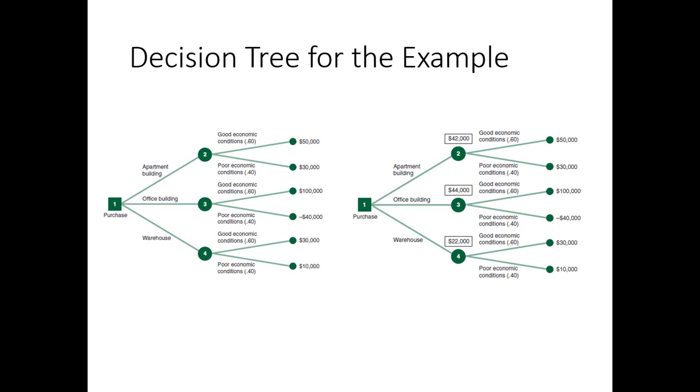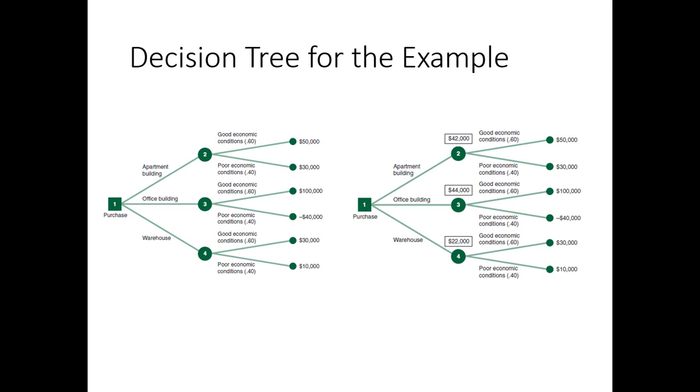This way we are solving the problem, and when we do all the calculations, we see which one is the best option. The office building is the best option to buy by applying the expected value method. We found the value of 44,000 for the office building, and that is the option we're going to choose using the decision tree.